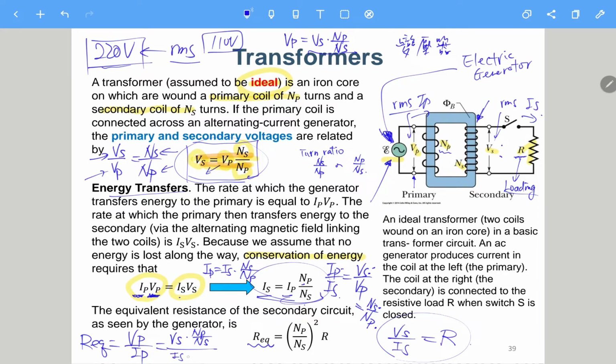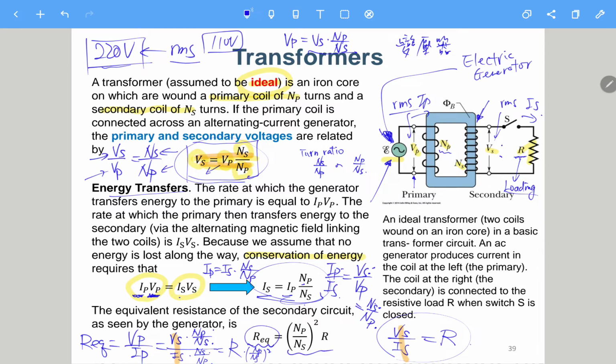So we have Is times Ns over Np. Here we have Vs over Is, which is R. So we have R times Np over Ns over Ns over Np. Altogether we have Np over Ns squared, which is actually this one.